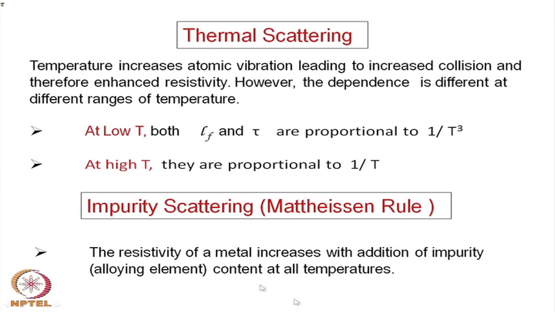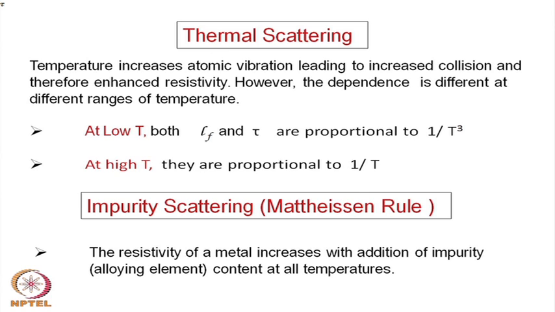So, whether we should have a metallic alloy or a pure metal is determined by the effect of the alloying elements, and it has been seen that the resistivity of metal increases with the addition of impurity or alloying element content at all temperatures. The explanation is to a large extent simple: we have more barriers to the movement of the charged species, that is the electrons here.